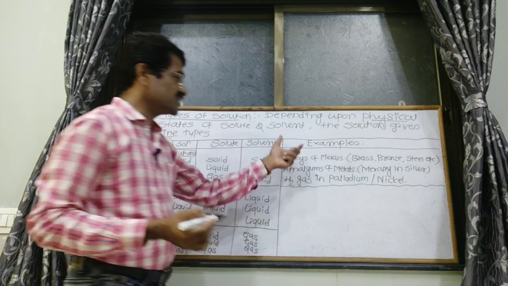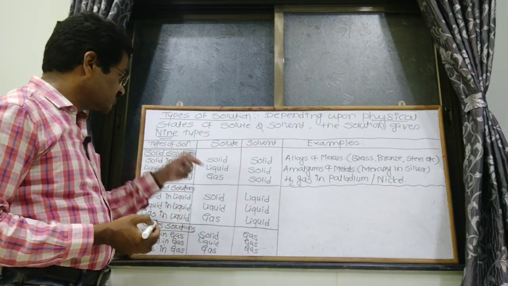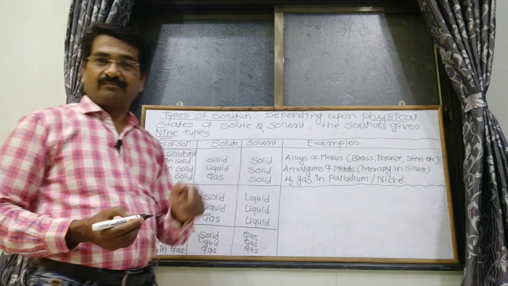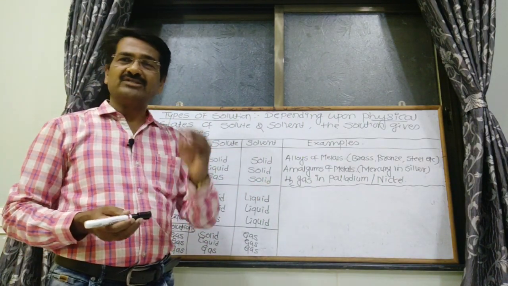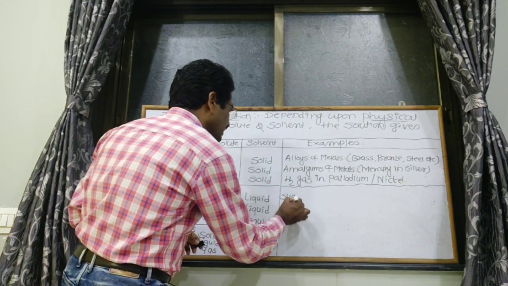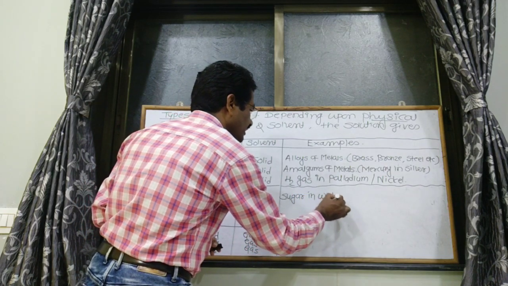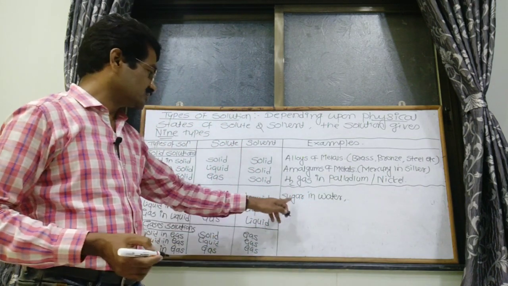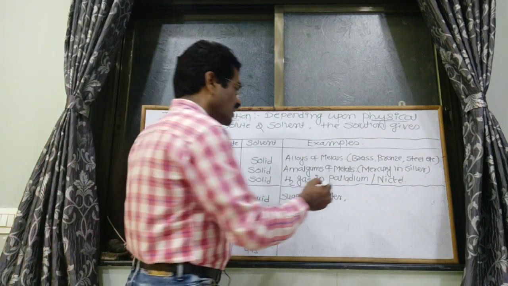Okay, solid solutions. Then see solid in liquid, that is liquid solution. Solid in liquid: solid is the smaller proportion and liquid is the larger proportion. That is a very simple example. What is the example? Sugar in water. Very simple. Sugar in water, because sugar is solid and water is liquid.